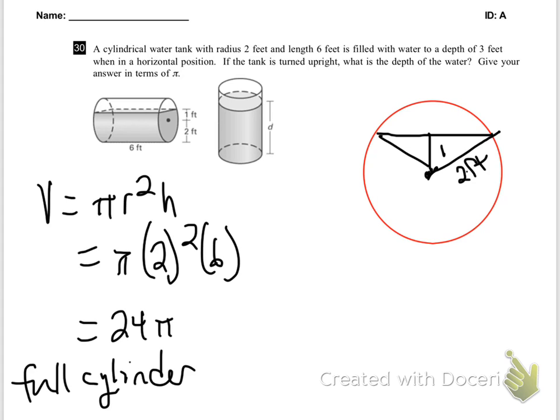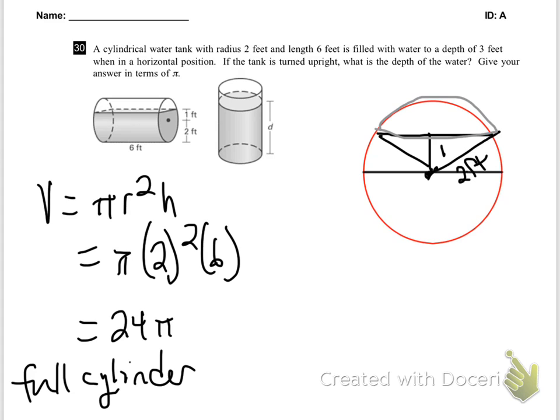Here's what I want to do. It's going to be rather difficult to find the area of this part. What we could instead do is find the area of this part.